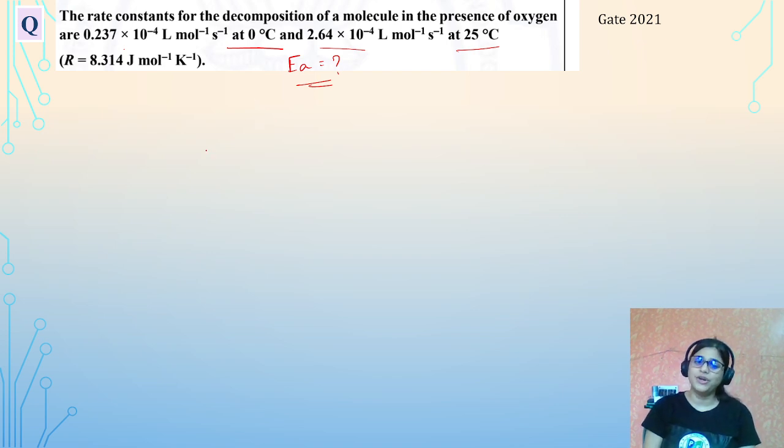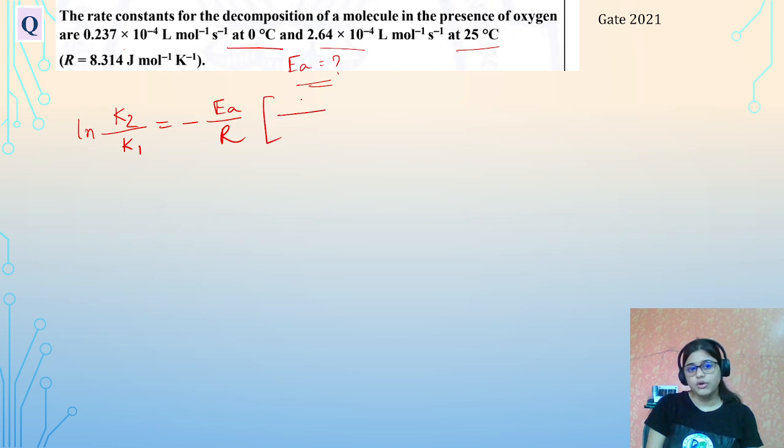I previously told you that two kinds of Arrhenius equation you should remember, and one was this one: ln K2 by K1 equal to minus EA by R into 1 by T2 minus 1 by T1, right?